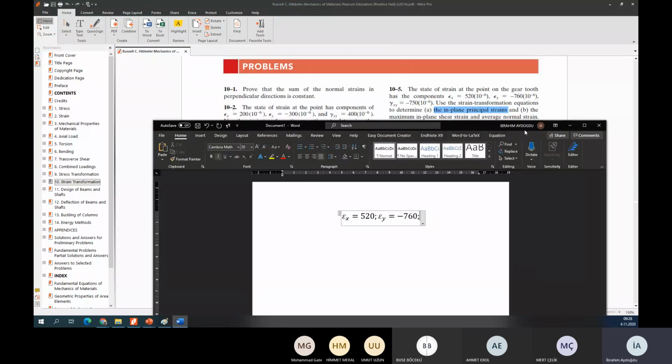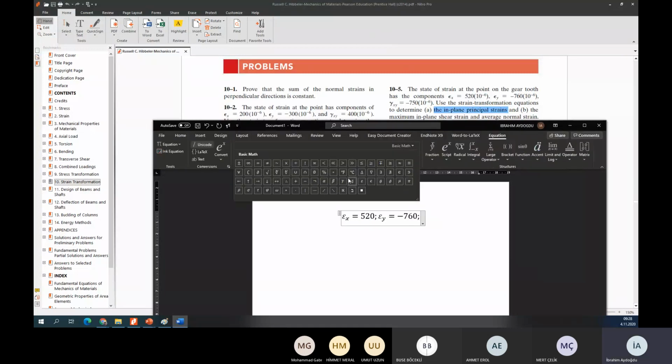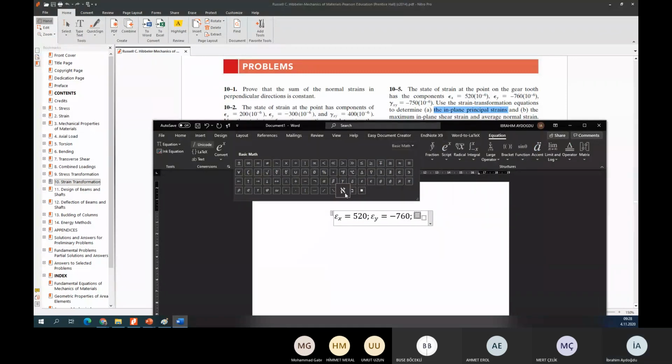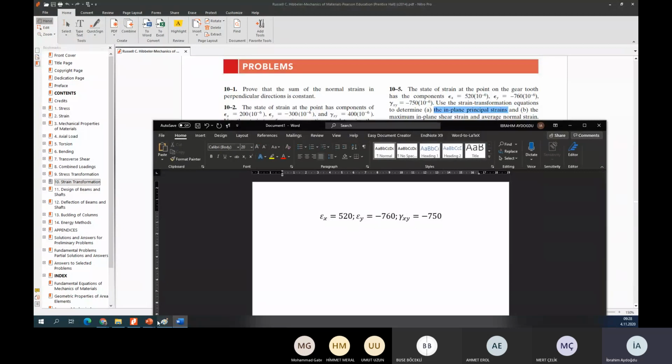Also gamma xy. Is gamma available in the equation editor? Yes, very well. Gamma xy is equal to minus 750, I remember that.